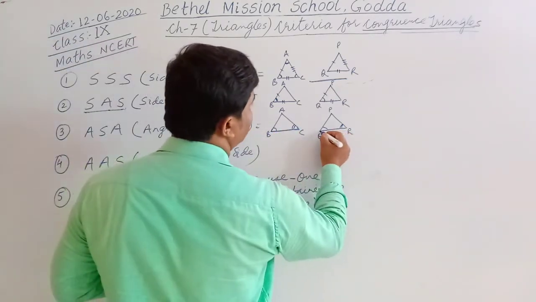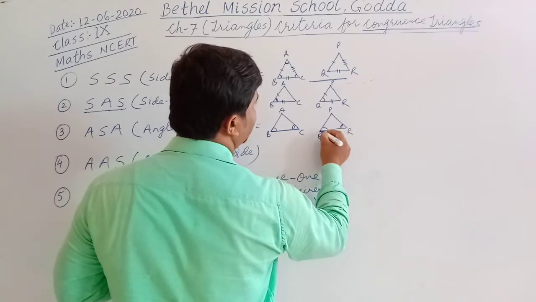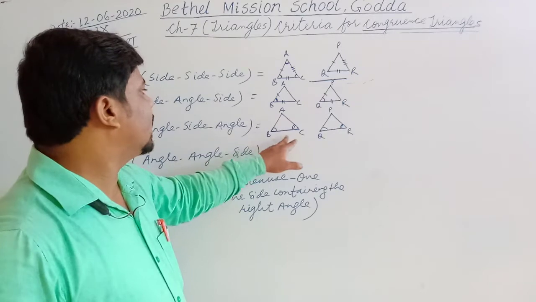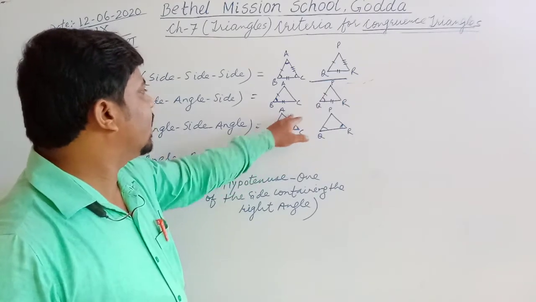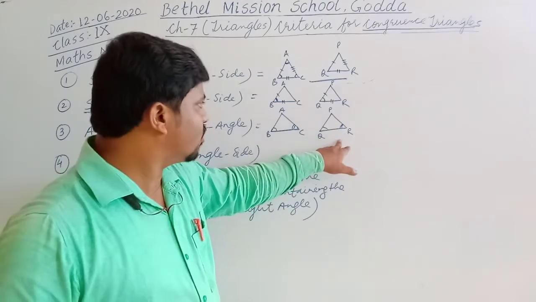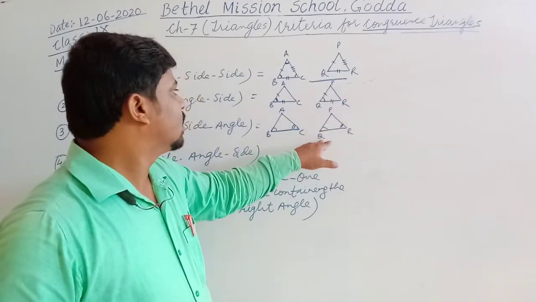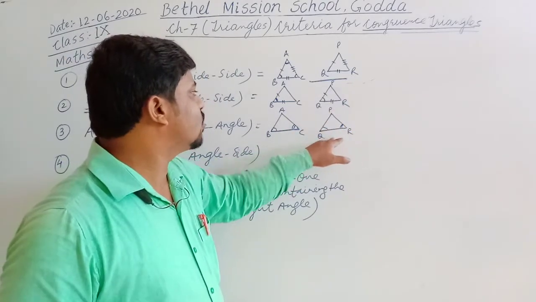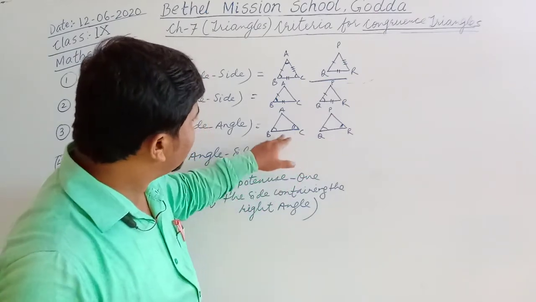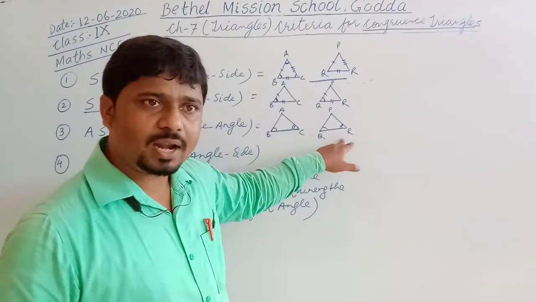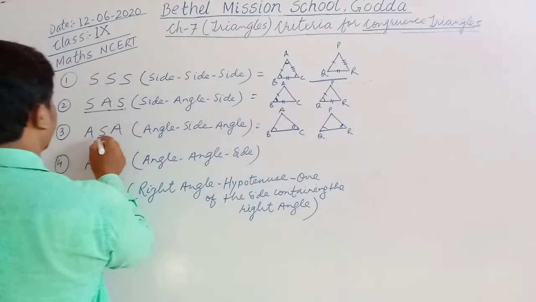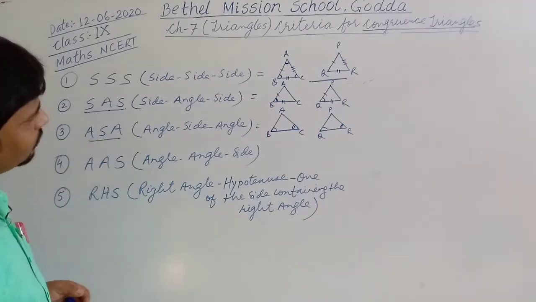So included side of this PQR will be QR. Two angles and included side of triangle ABC are correspondingly equal to two angles and included side of another triangle PQR, then these two triangles, triangle ABC and triangle PQR, will be congruent. So that's why this property is called ASA.